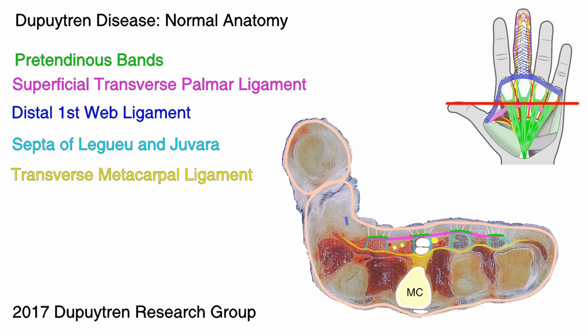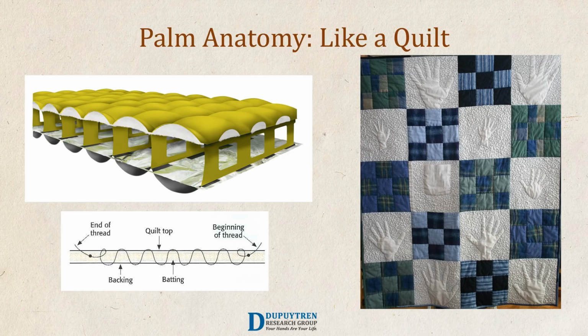And these anchor the skin to the bone in the back of the hand. And that's important for the use of the hand because it prevents the skin from sliding around when you grip things. It anchors the skin of the palm to the hand. And this is a unique anatomy in the body that is only found in the palm and in the arch of the foot. The palm anatomy is something like a quilt.